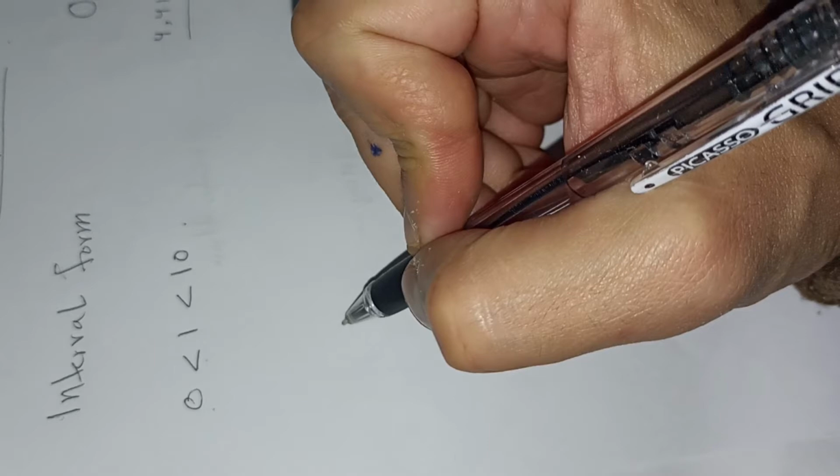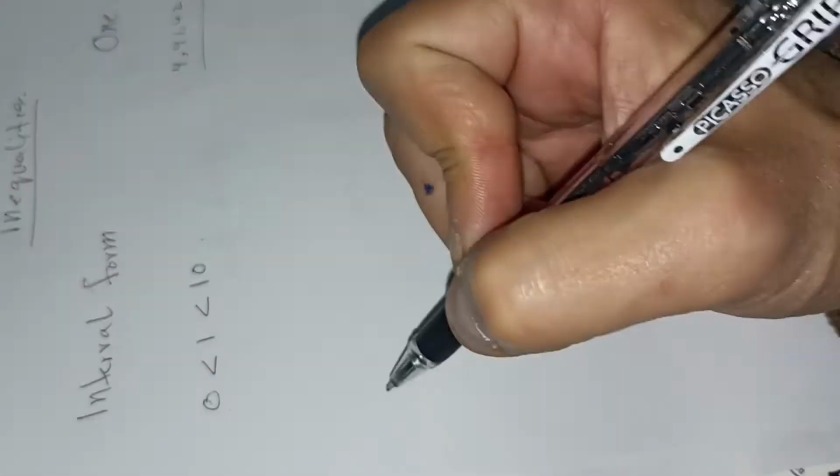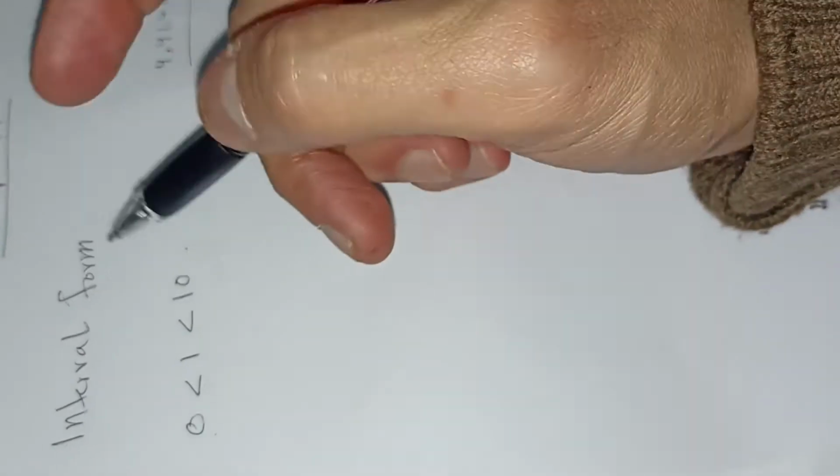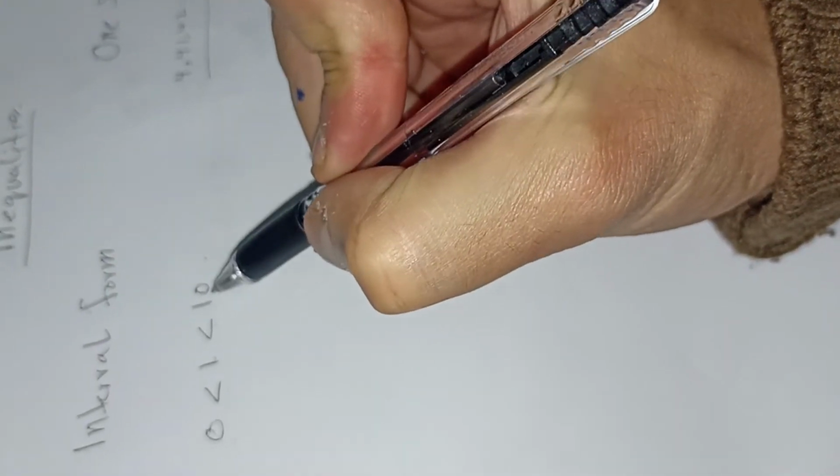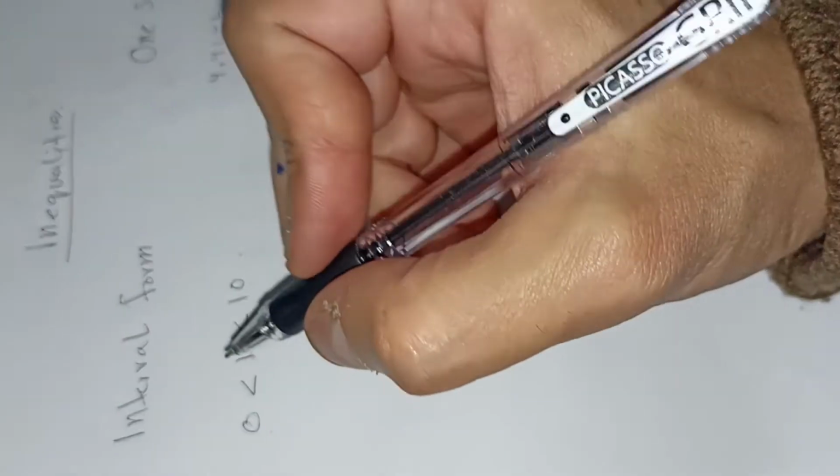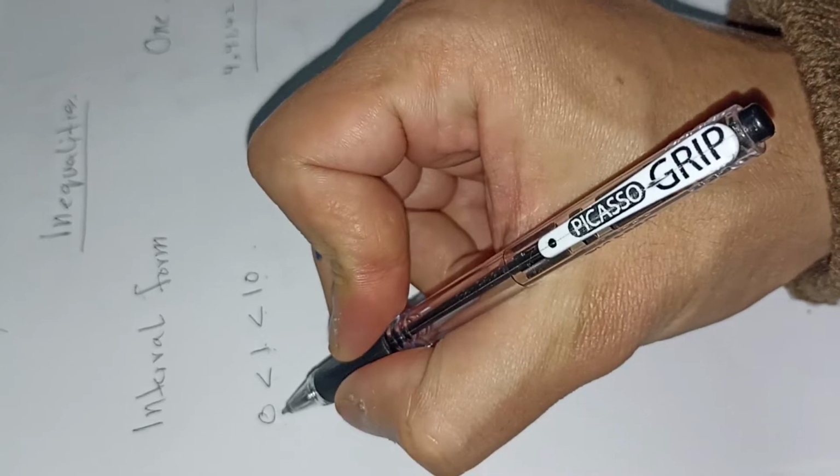So this is the one way we can say it, like 0 is less than 1 and 1 is less than 10. The other way we can say this statement as 1 is less than 10 and greater than 0. And the third way we can say it like 1 is between 0 and 10.